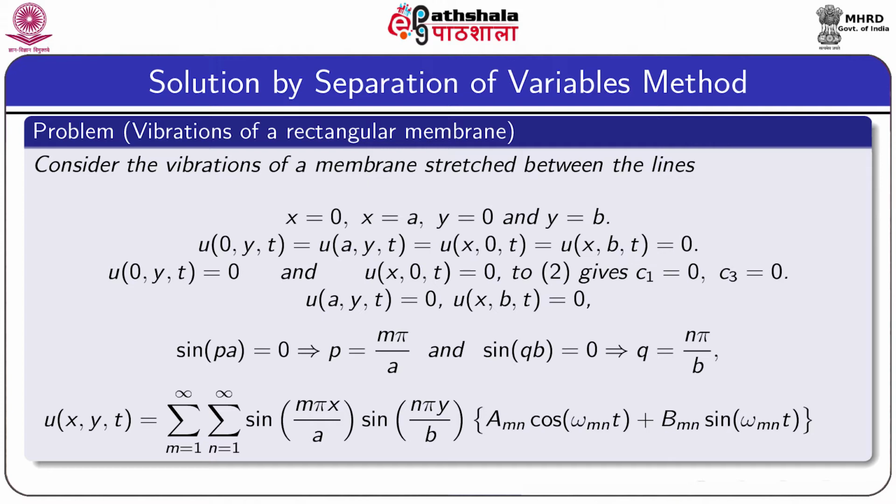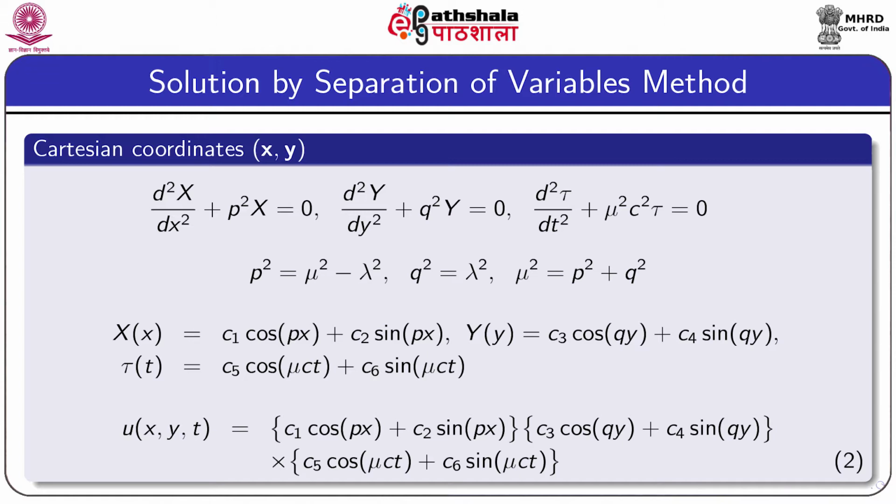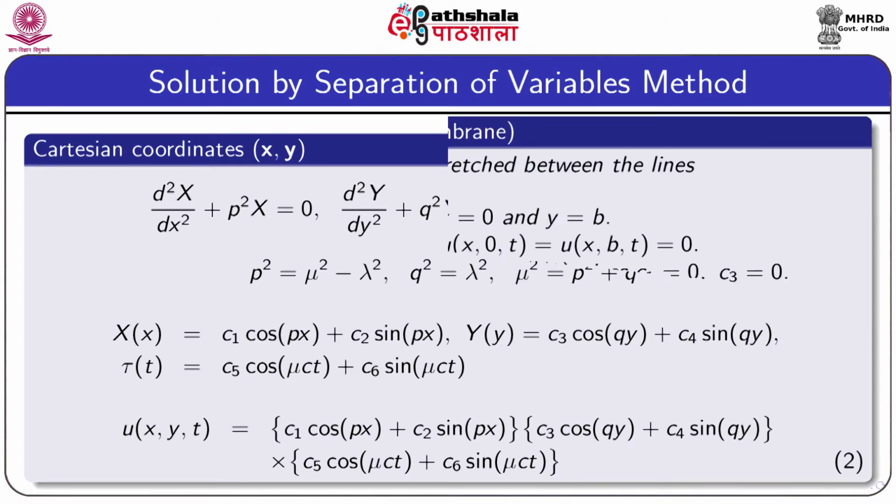Now, if we apply the condition u(0, y, t) = 0 in the solution written in equation number 2, here if we put x = 0, we get C1 = 0.